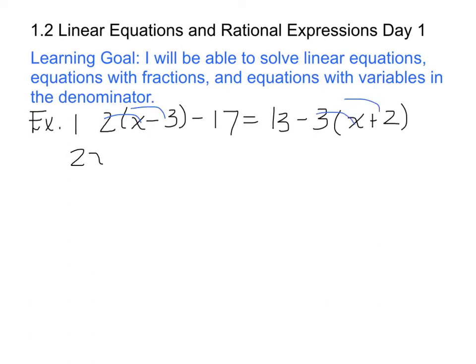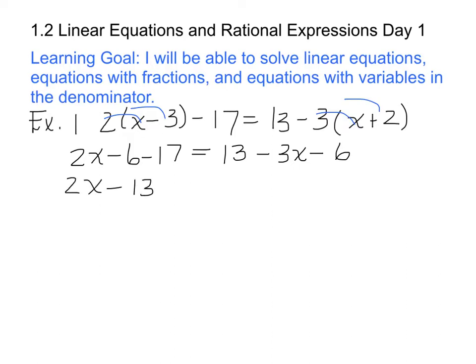So I have 2x minus 6 minus 17 equals 13, and that's minus 3x minus 6. Then you combine like terms on each side. See, 13 minus 6 is 7. Then I'm going to put all the x's on one side and all my constant terms on the other. And I divide.